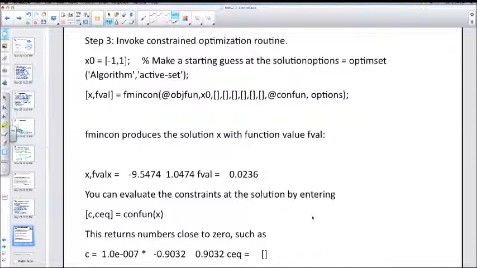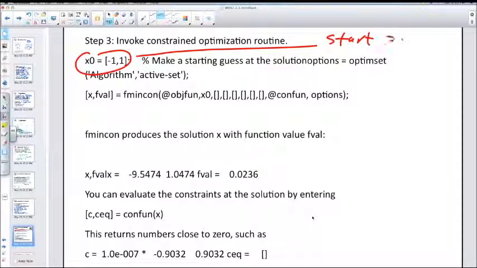Let's go to step 3. Step 3, you're going to search your solution space. I call it a feasible domain. In this domain, you need to have a start point. The start point is the tricky part. Sometimes it does not work. You've got to try, but most of the time it's okay.